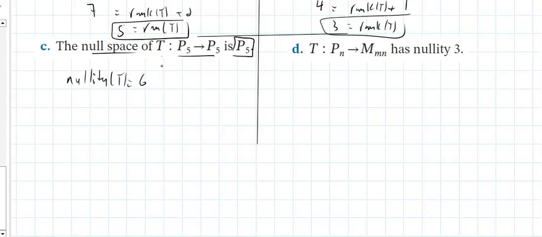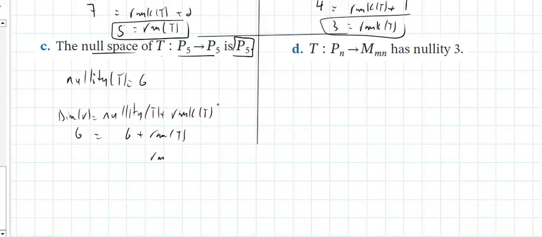We know that the dimension of V equals the nullity of T plus the rank of T. The dimension of V is 6. That is 6 plus the rank of T. So the rank of T is 0. And we know that because it took the entire space.